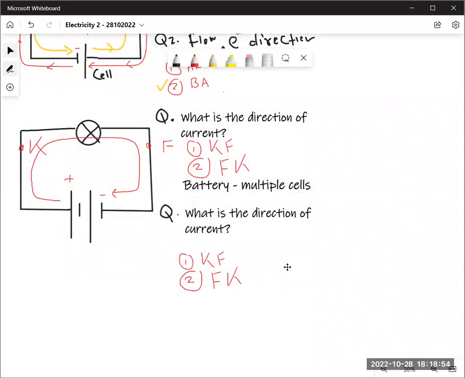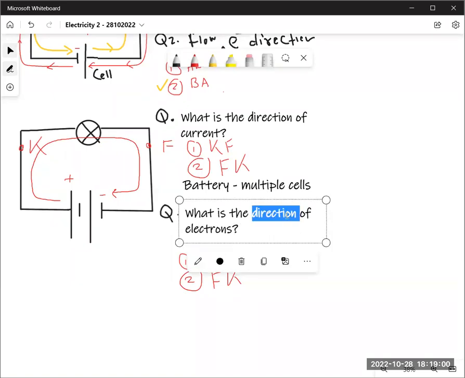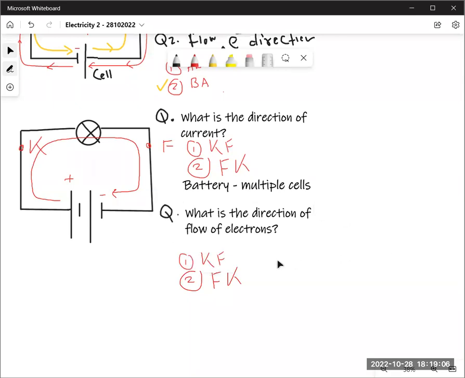Now, Diana, yes, it's not the current, it's for the electrons. That's the direction of electrons. So KF or FK?